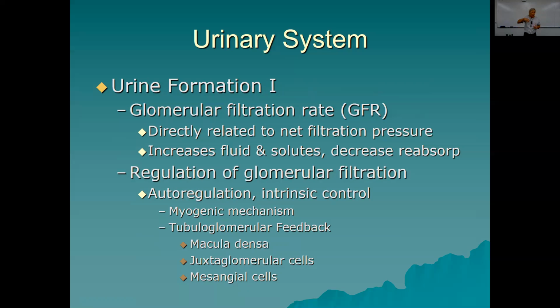So about 60%, I think, of the filtrate at the glomerulus is reabsorbed in the proximal convoluted tubule. And this is automatic. We don't have any control over these transport mechanisms, the glucose transport mechanisms, and say sodium ion transport mechanisms. They're automated.